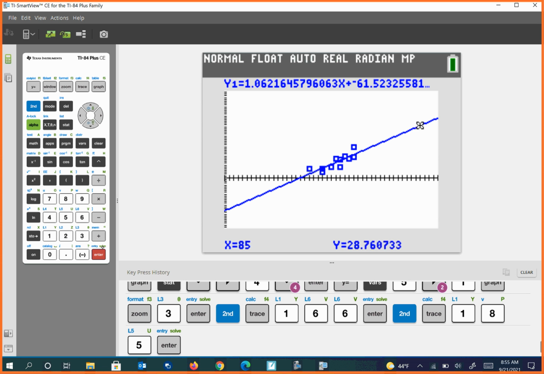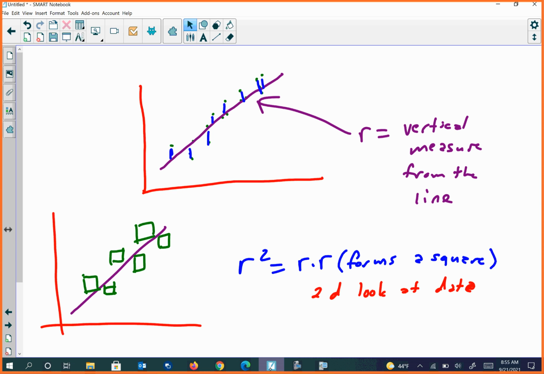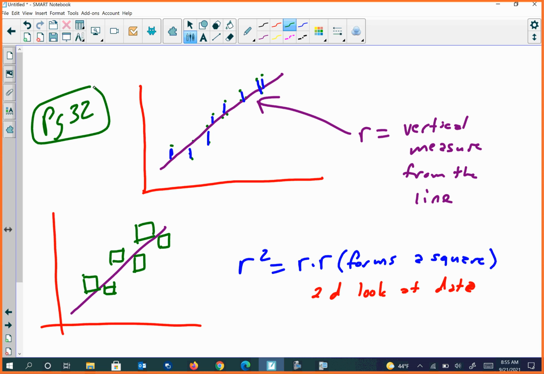So that's kind of the ins and outs of it. On page 32 of the notes, it does offer the directions of how to plug it into a calculator. But again, friends, if we are doing some sort of activity and you're not quite sure how to make it work on a calculator, then ask me.